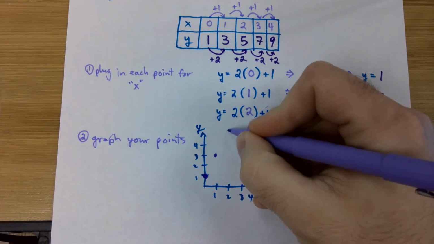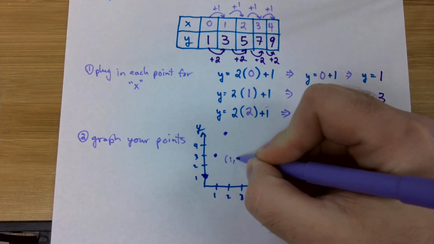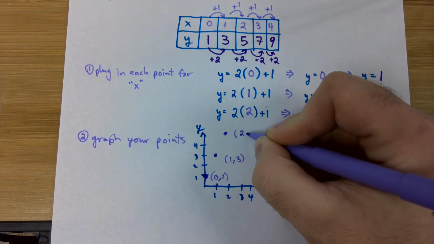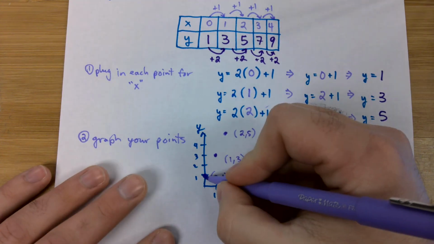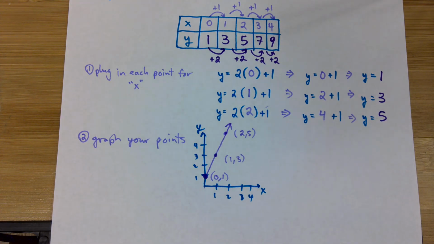If we wanted to, we could do 2, 5 as well. It would be like up here. And if we connect all those points with a line, we see that, yes, this is in fact a linear relationship. It's a straight line.